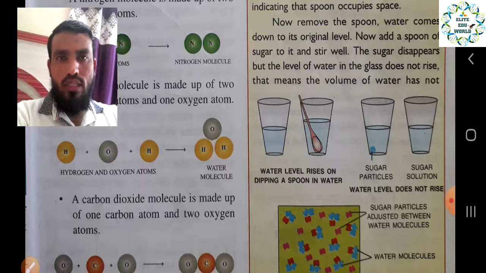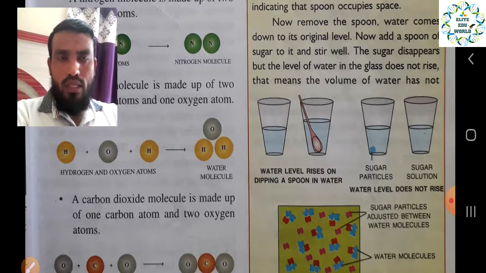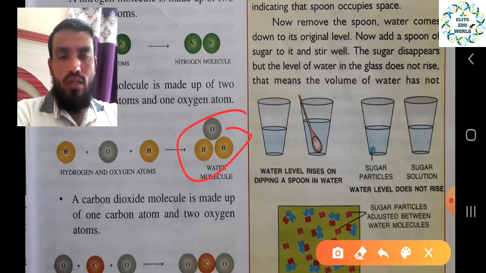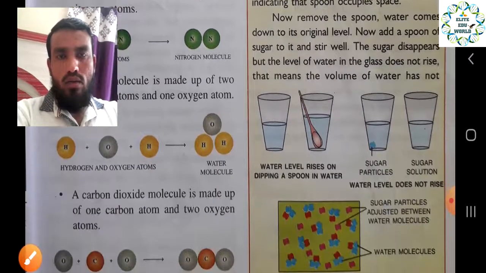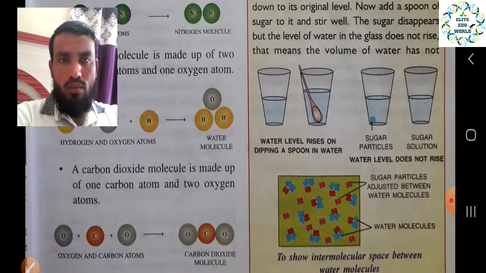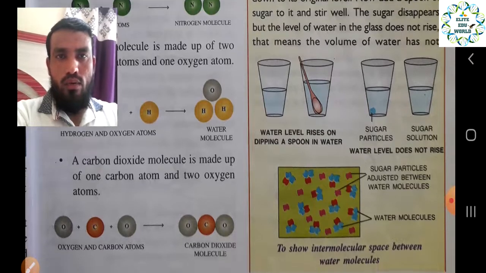This is an example of different kinds of atoms coming together to make a molecule. So for a molecule, the same atoms can come together, and different kinds of atoms can also come together.